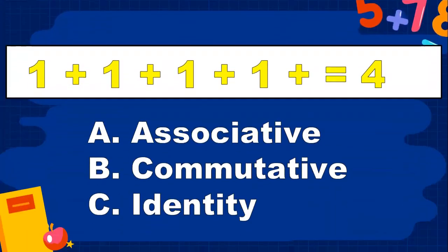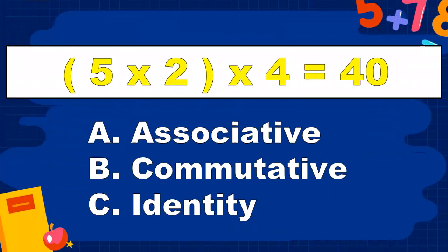Next one. 1 plus 1 plus 1 plus 1 is equal to 4. Is that A, associative, B, commutative, or C, identity? The correct answer is identity. And the last one, the group of 5 times 2 multiplied by 4 is equal to 40.